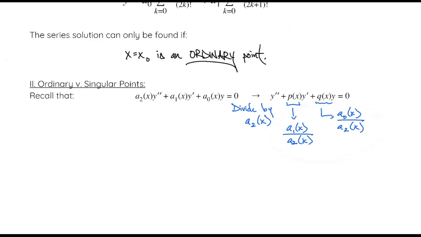Good, exactly, right? If we had a 0 there, well, we wouldn't, because if we had a 0, we wouldn't have that y double prime, right? But if a sub 2 is 0, and we're looking ahead and saying we're going to divide by that, that's a big problem. Right? That's a problem for us because there's going to be points where things are going to be undefined. All right. And that, my friends, is precisely the difference between an ordinary and a singular point.